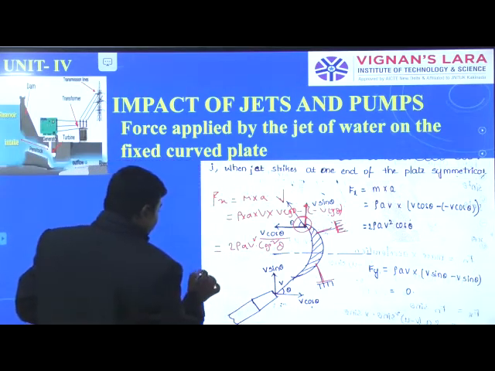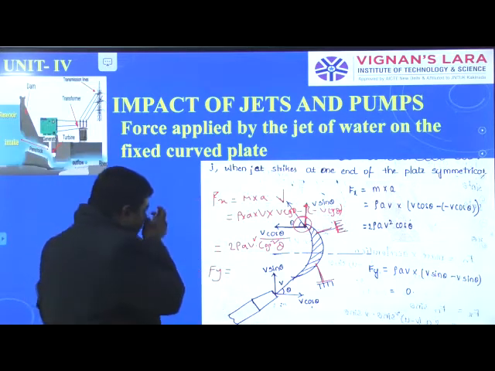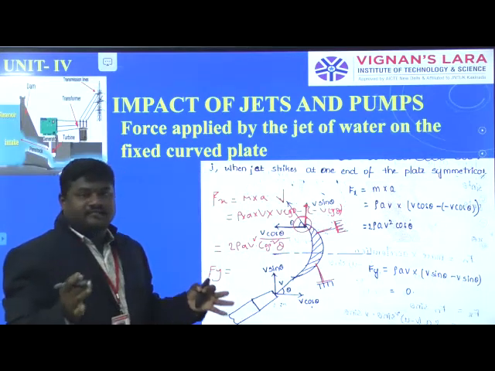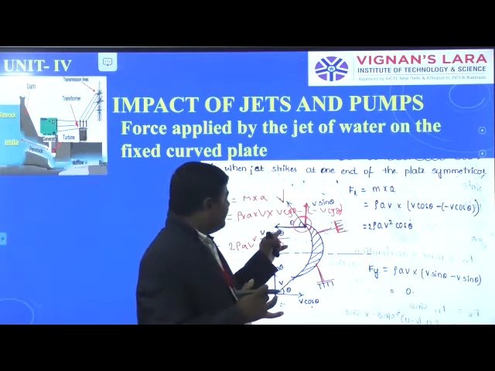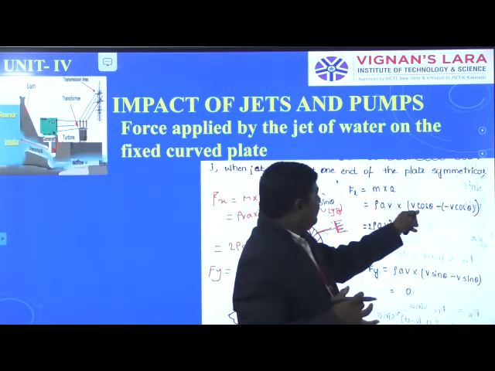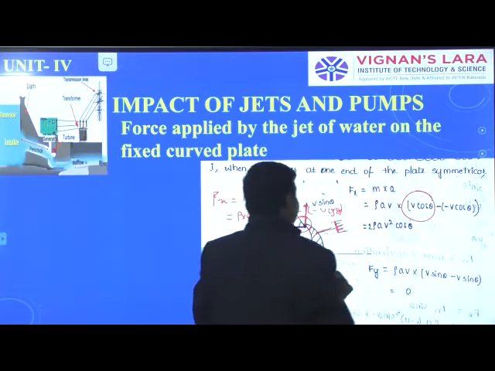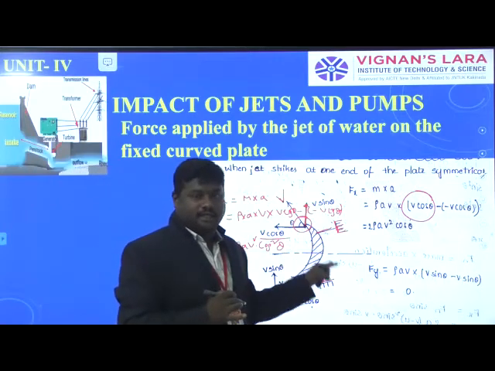Then the force in the y direction, Fy. In the x direction we take v cos theta, which is important, and in the y direction we take v sin theta.